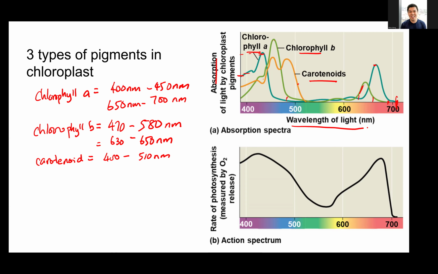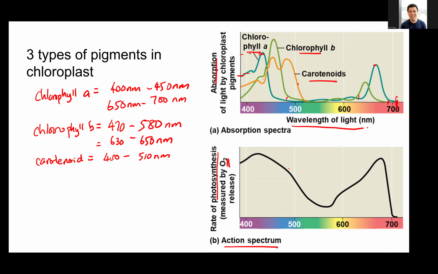So if you combine all these three pigments' activity, you get an action spectrum. Essentially, it is the total absorption of all different pigments, and we can see how it correlates to photosynthesis, right? So if you have lots of absorption, you will be able to absorb the light, and the light-dependent reaction will occur, and it will produce oxygen as a measurement of photosynthesis, because photosynthesis produces oxygen.